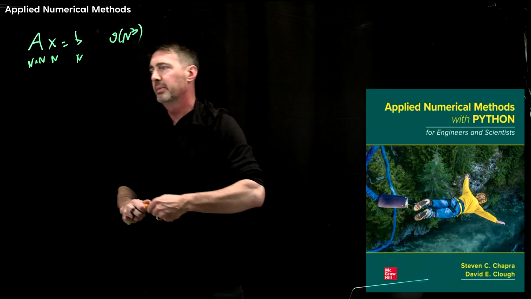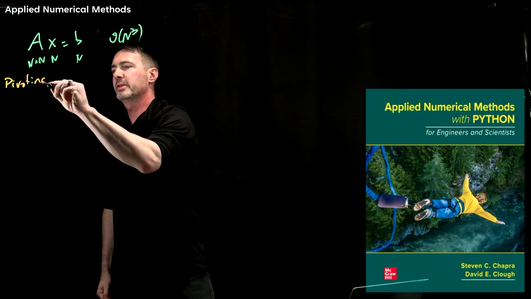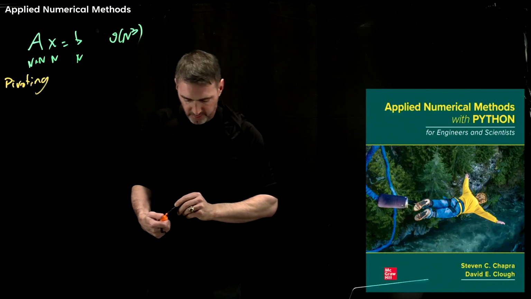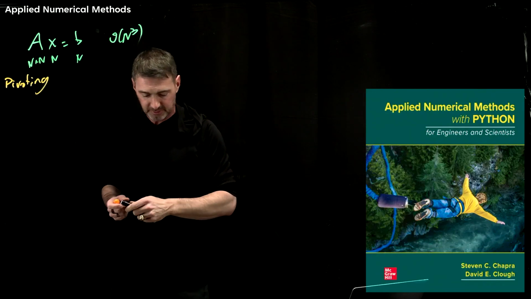Pivoting. So we'll use a very easy example. This is just a simple 2x2 matrix. It's all you need to show this problem.